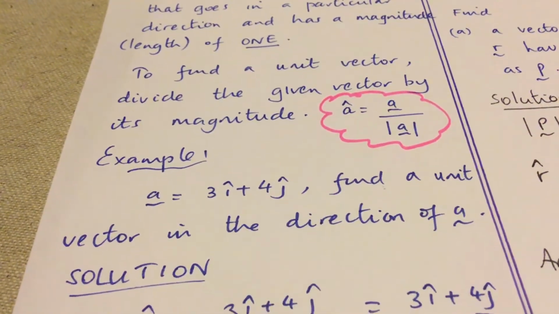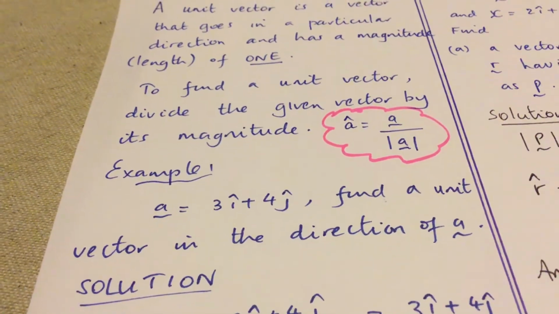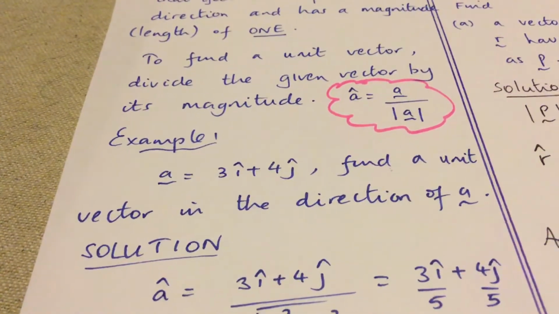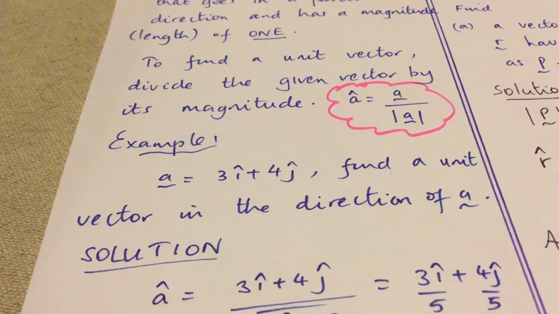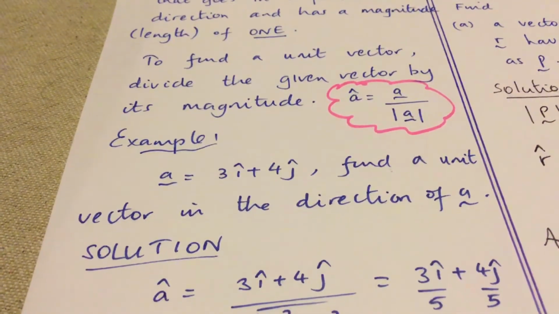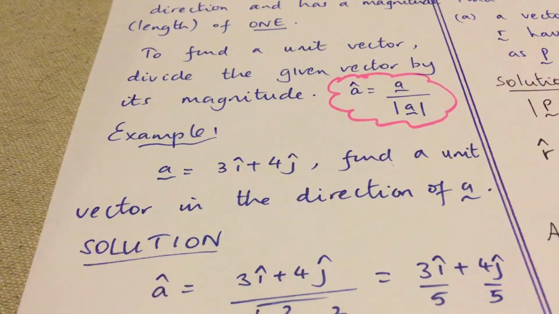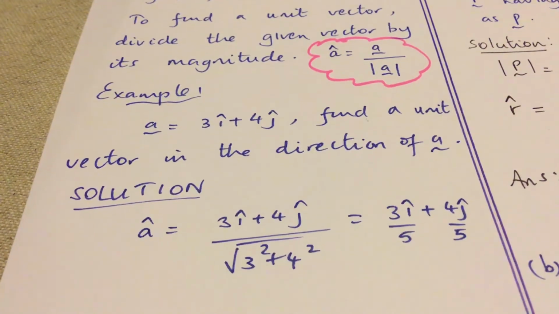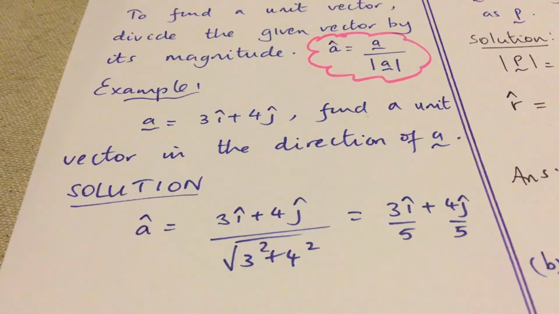Now let's have a look at a few examples. Vector a is 3i plus 4j. Find a unit vector in the direction of a. So what we want basically is a vector that goes in the direction of 3i plus 4j, but whose length is 1. So we're just going to apply the formula that we saw above. 3i plus 4j is a vector.